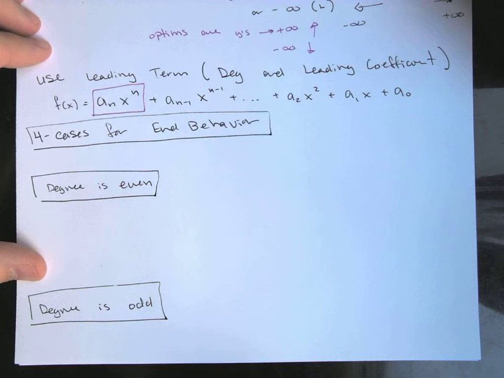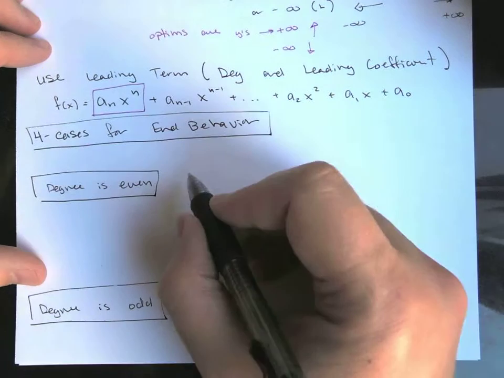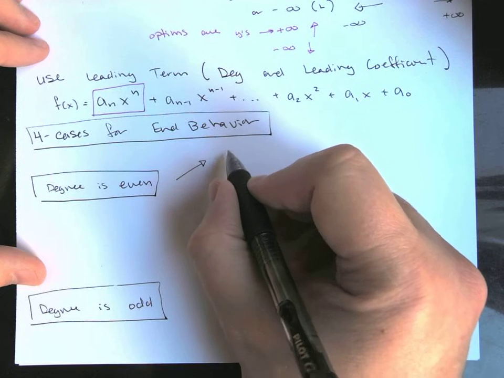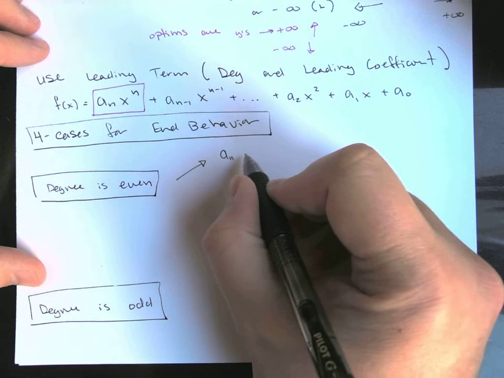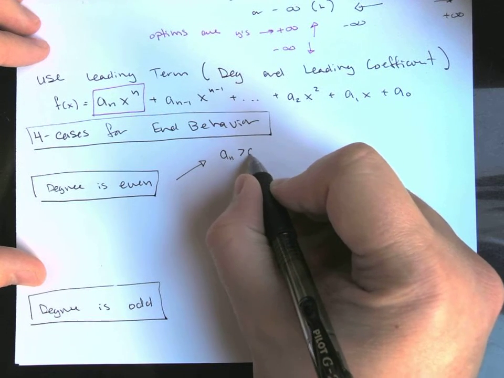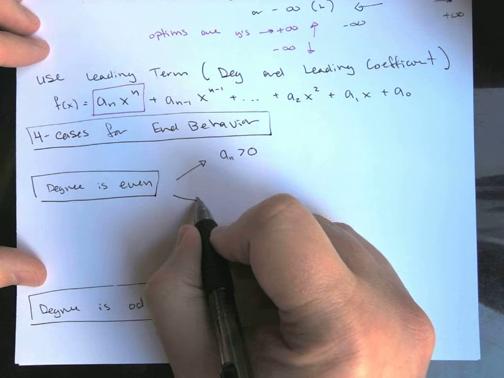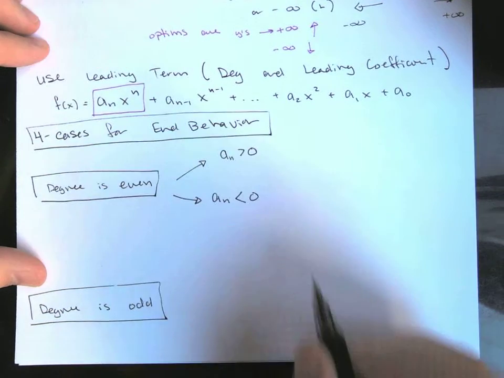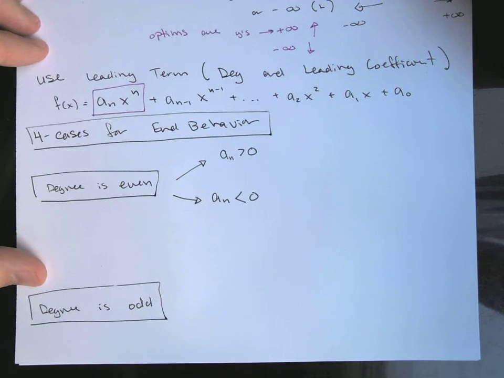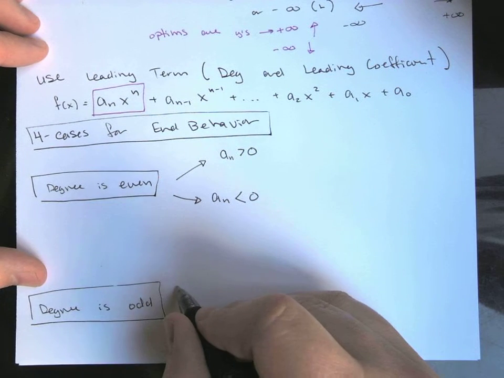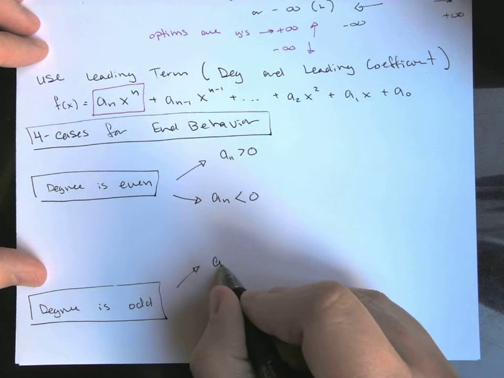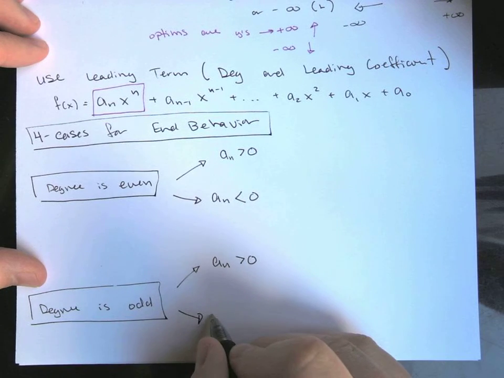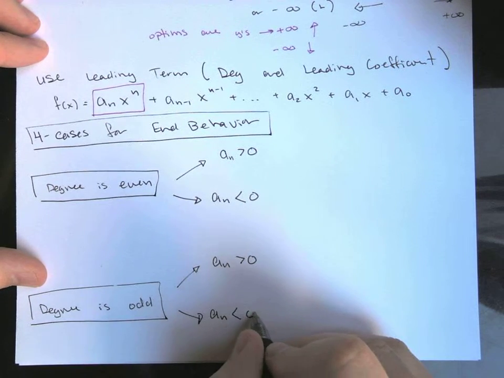Then this is going to split into 2 different cases, because if your degree is even, then your leading term is positive versus your leading term is negative, and then the same split for when your degree is odd: your leading term is positive or your leading term is negative.